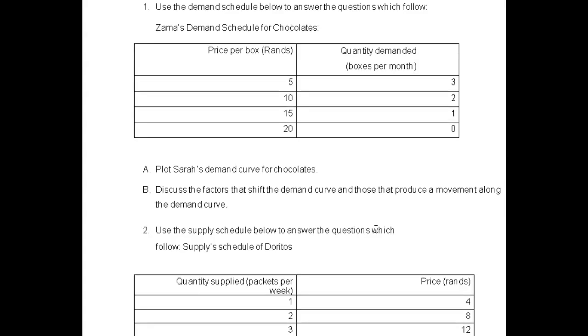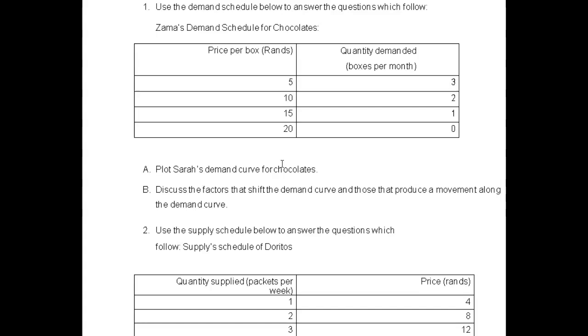Discuss the factors that shift the demand curve for those products and movements along the demand curve. Okay, so firstly, the factors that shift the demand curve. Things that change or shift demand, basically, are substitutes. When the prices of substitute products change, they shift the demand, same as the question we had above. Also, customers' preference, right?